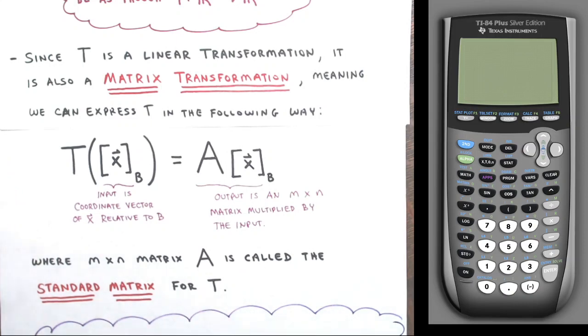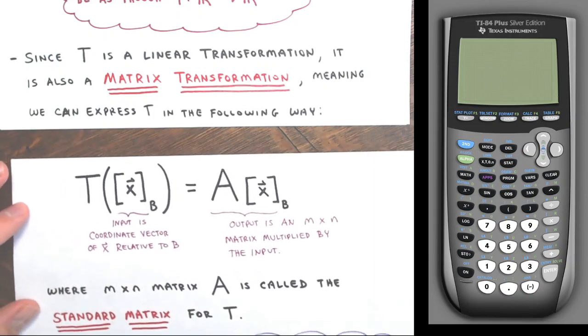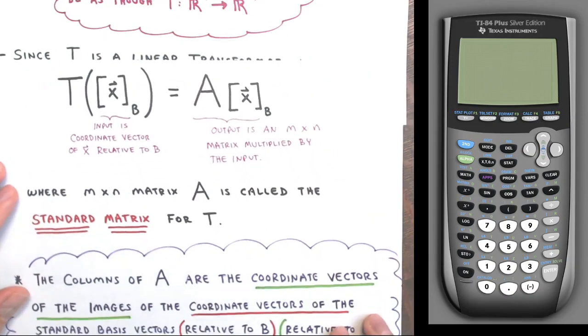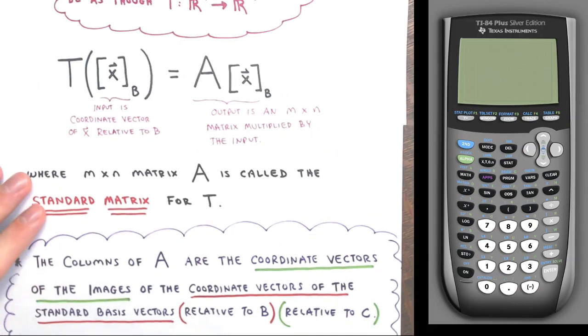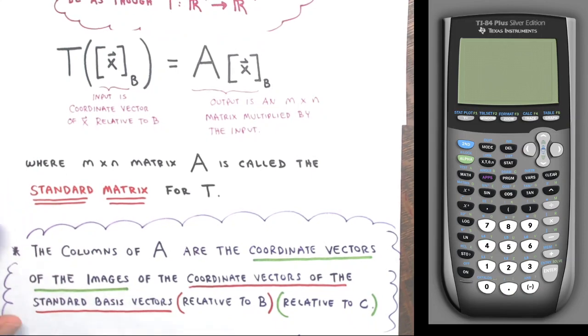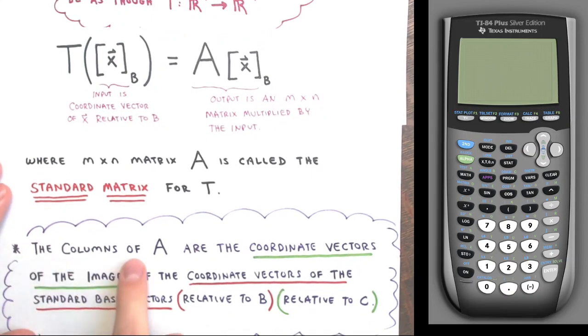All right, and then some more fancy jargon that, again, hopefully will make some sense when I actually get through some examples. If you want to make A quickly, the columns of A are the coordinate vectors of the images of the coordinate vectors of the standard basis vectors relative to B, relative to C. Notice I tried to make this as clear as possible by doing some underlining with different colors.